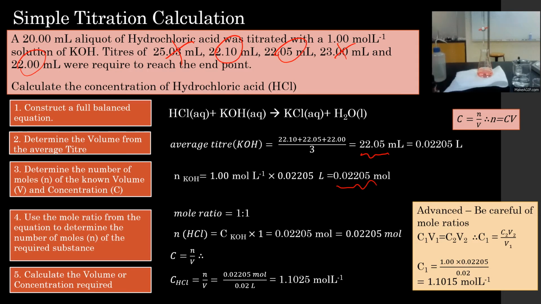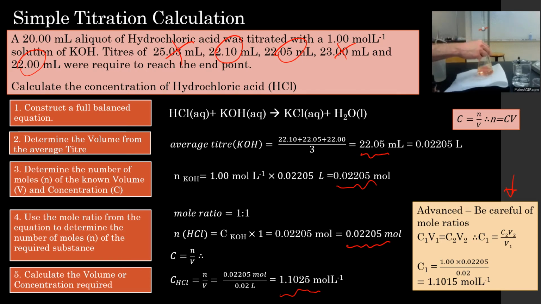So however many moles of potassium hydroxide, we're going to have the same amount of moles of hydrochloric acid. And finally, we can work out the concentration of hydrochloric acid by manipulating the formula C equals n on V. And so we have a 0.1025 molar solution.